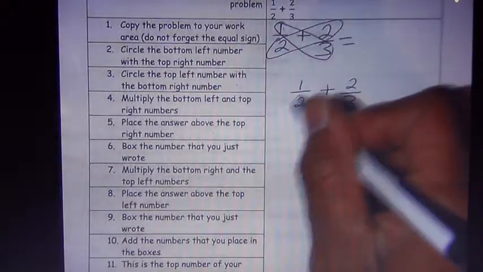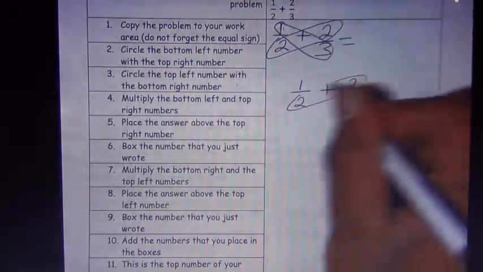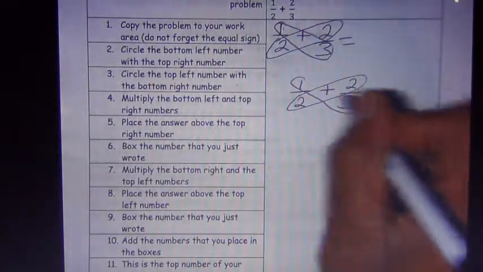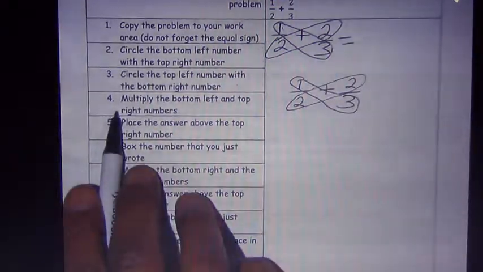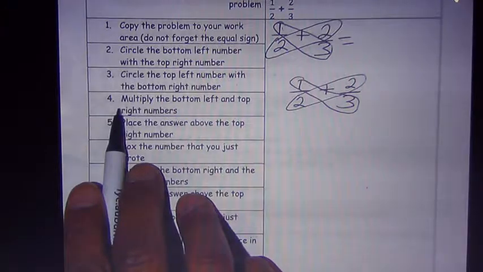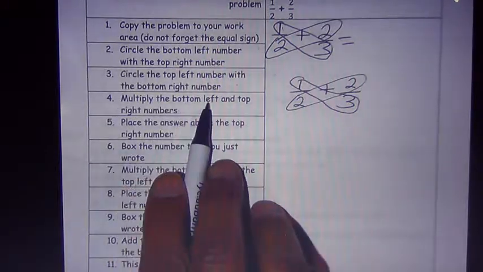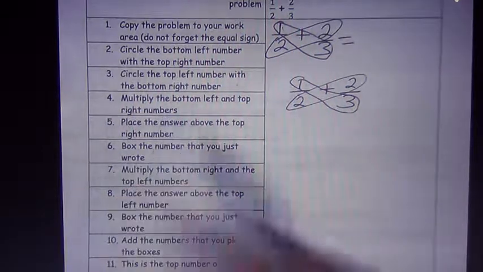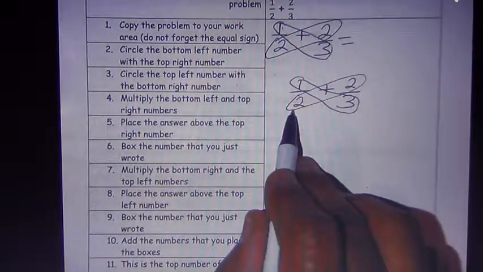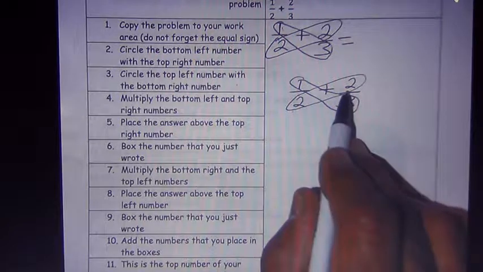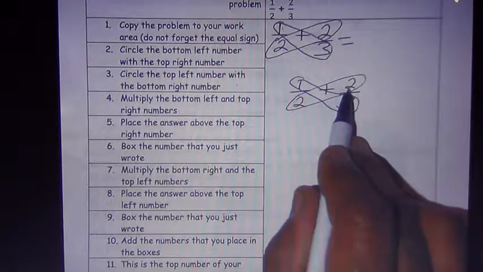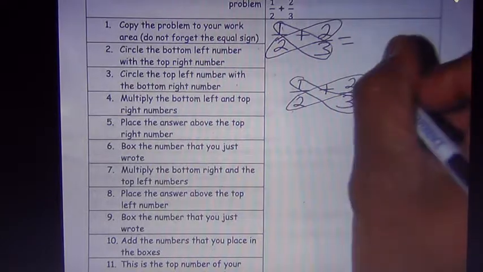Because it looks like I didn't give myself room, I'm going to rewrite those things. So circle the bottom left, top right, top left, bottom right. Now again we're on this step that says multiply the bottom left and the top right numbers. So here's the bottom left number times the top right number, and 2 times 2 is 4.